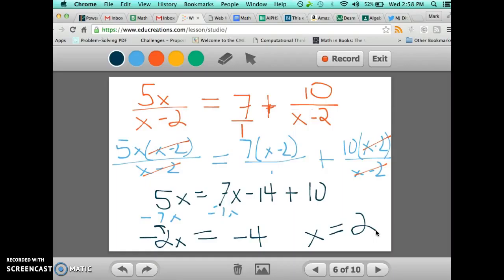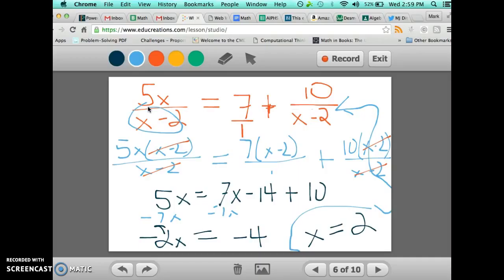Enjoy it making sense for a moment because it's not actually our answer. See, we have to check it. And what happens when we check it, when we take this answer and plug it back in? It makes the numerator here 10, but it makes the denominator 0 if I plug in 2. So it's like some undefined number equals 7 plus another undefined number.